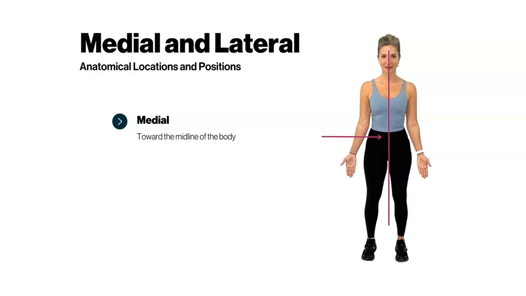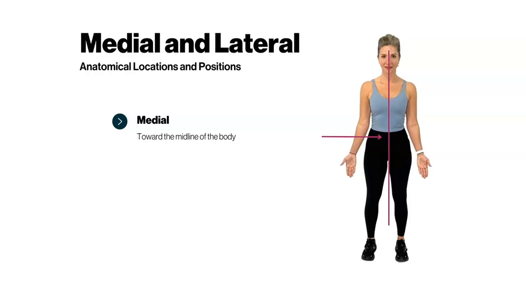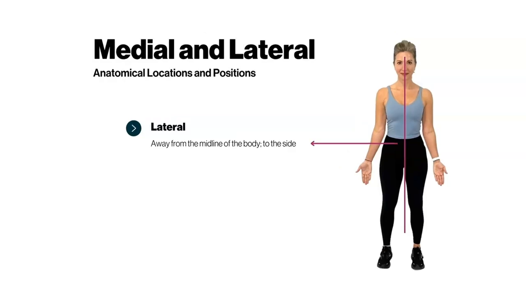Medial describes structures that are closer to the midline or closer to the midline of another structure, whereas lateral describes something to the side of the body or something that is further away from the midline than another structure.